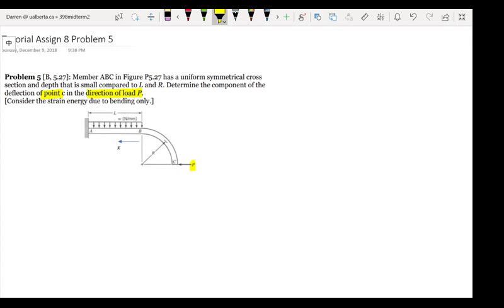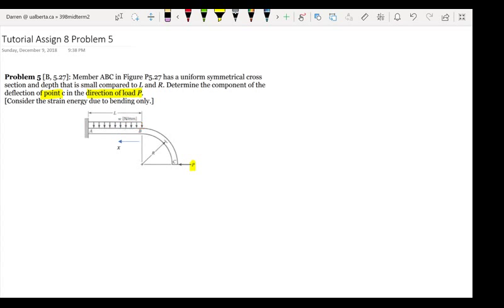As you can see in the problem, there are two forces that contribute to the deflection. The first of which is the distributed load in here, and the second one is the horizontal force in here.